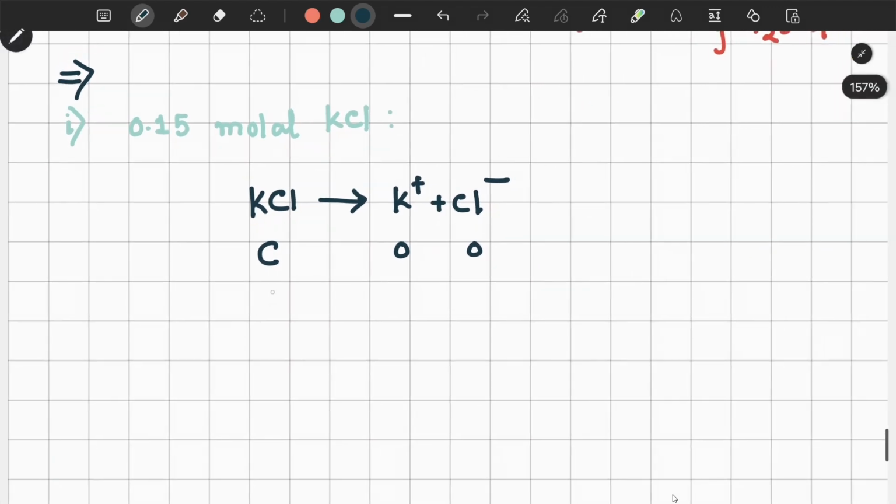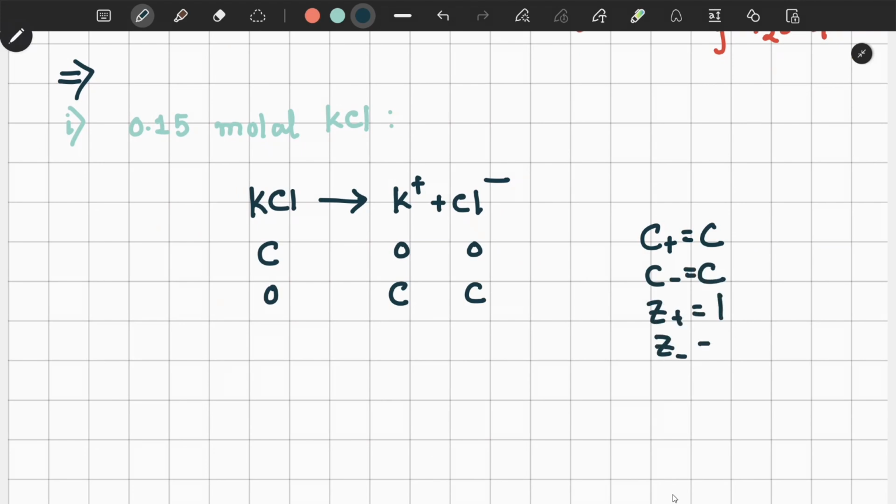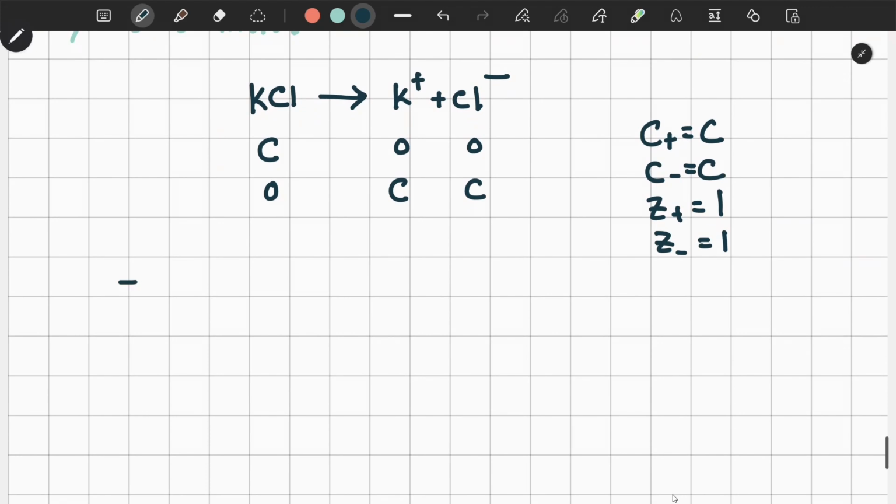So after dissolving, it is 0, C, C. So C plus is C, C minus is C, Z plus is 1. It is very trivial. So you can write I is equal to half. Why is it 0.5? It should be 0.5. Let us calculate.